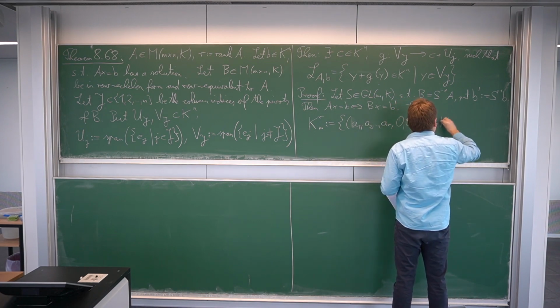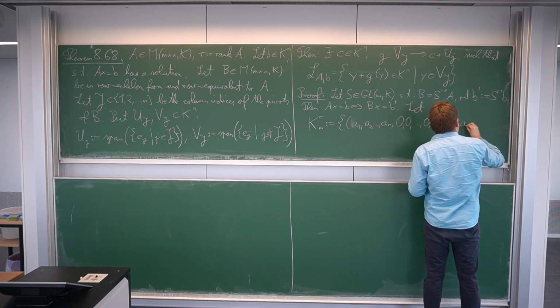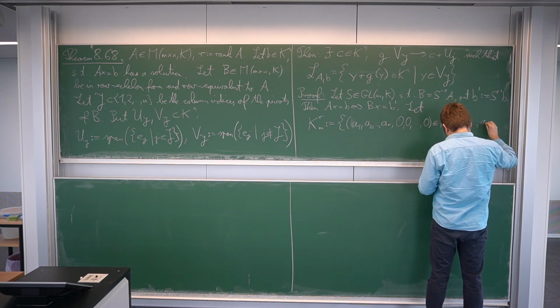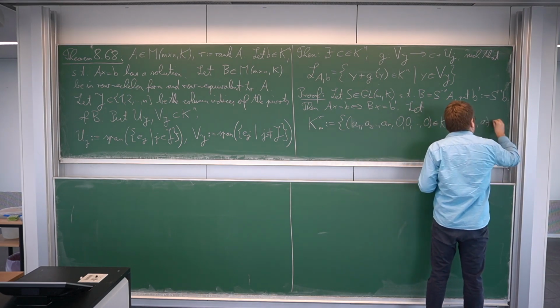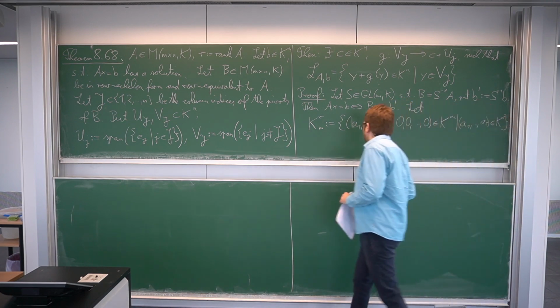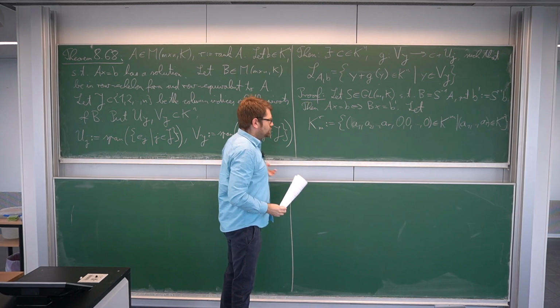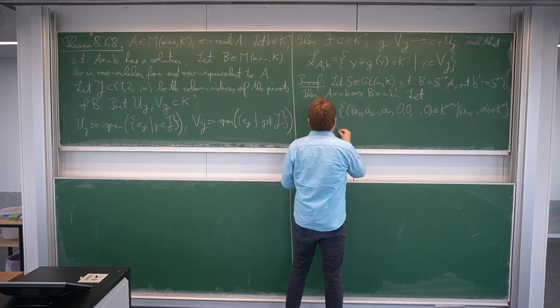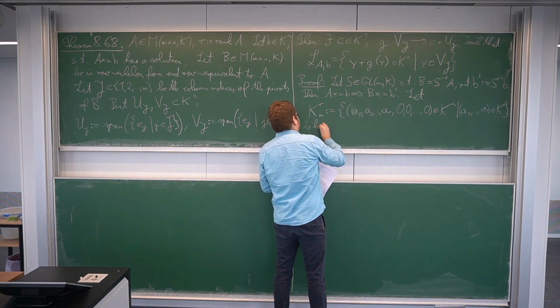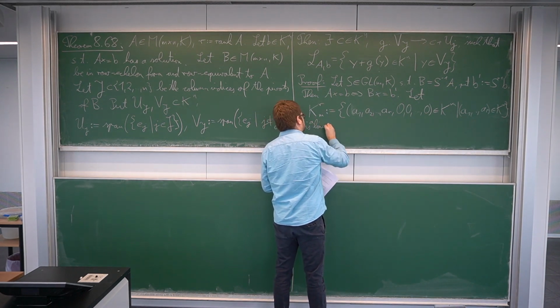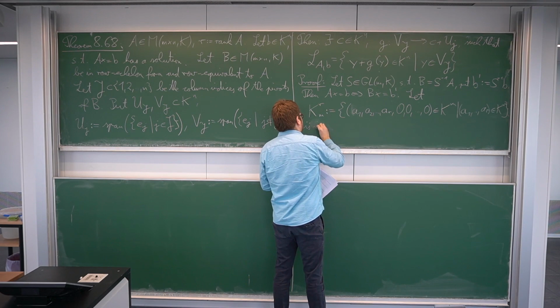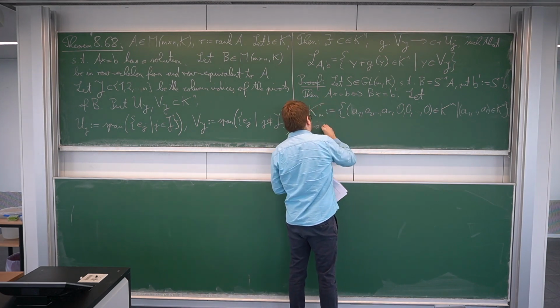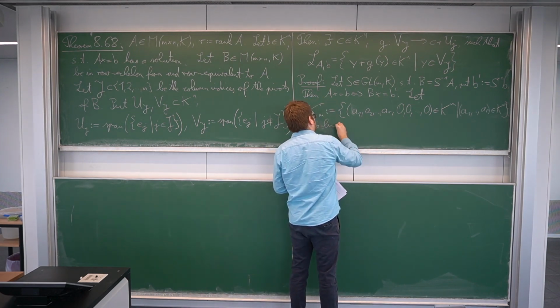This is an element of Km, where A1 to AR is an element of Kr. So we just take something non-vanishing with R components and fill up with zeros. So first of all, this is a linear subspace. It's maybe worth noting this is the span of the first R canonical basis vectors.